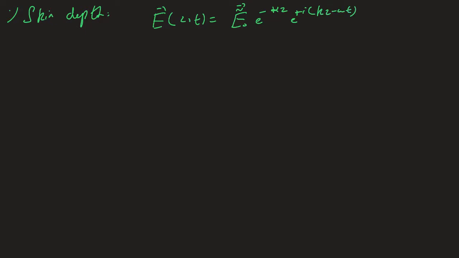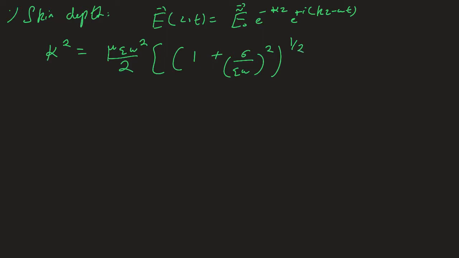We saw last time that kappa squared was equal to mu epsilon omega squared over 2 into the square root of 1 plus sigma over epsilon omega squared, minus 1.